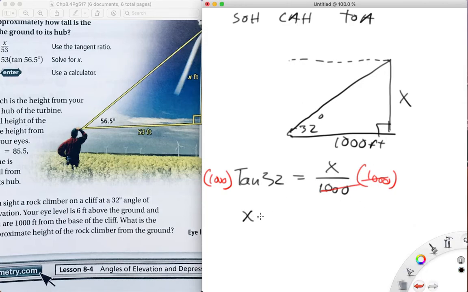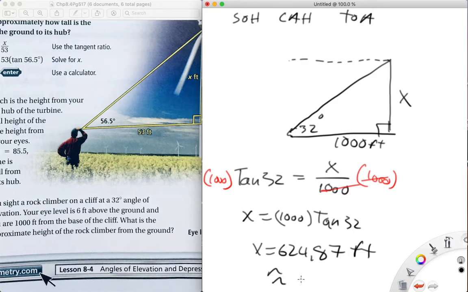So the height of the climber is equal to 1,000 times tangent of 32 degrees. So that gives me that this guy is 624.87 feet above the ground. And we want the approximate height. It's about 625 feet.